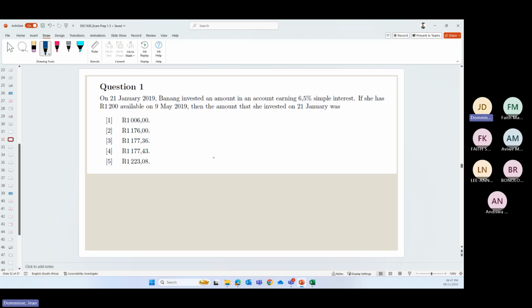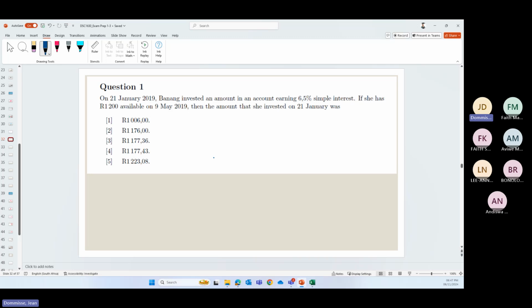So simple interest, and with a simple interest, it is a counting of days question. Okay, so we need to basically look at this and say, we need to know how many days are between 21 Jan and 9 May.